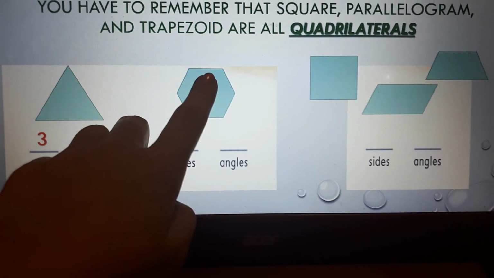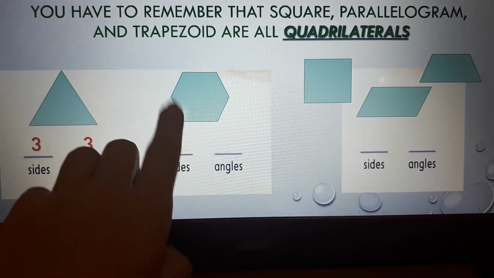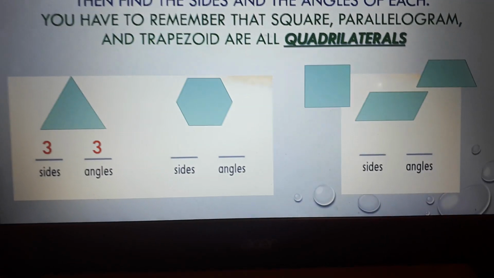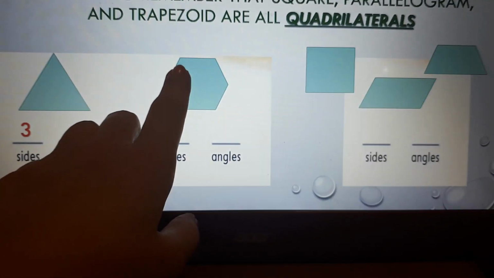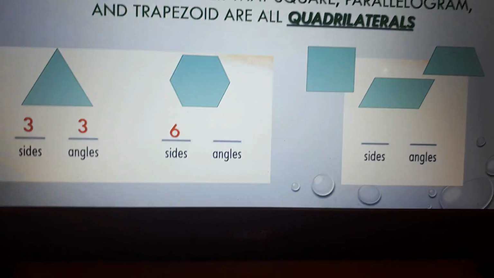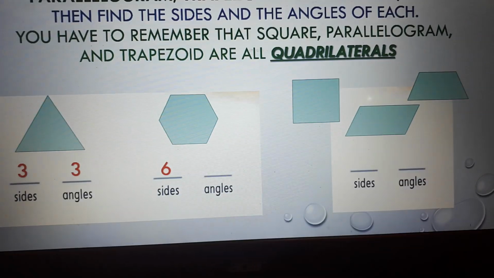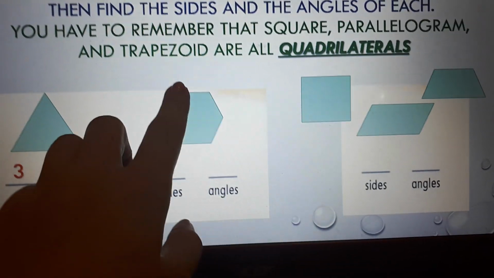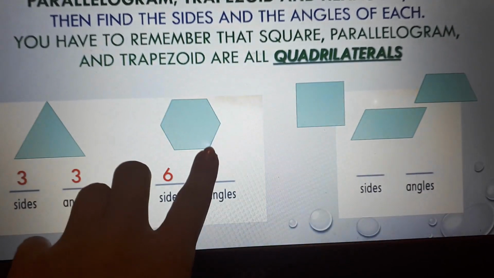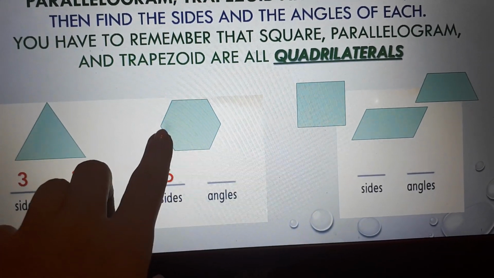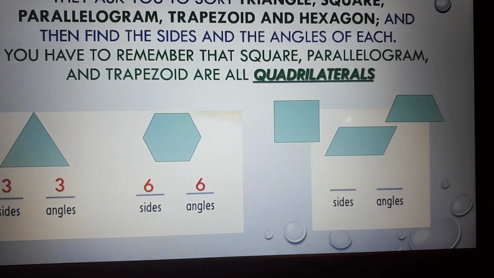Let's count them together. 1, 2, 3, 4, 5, 6. Yes, it is 6 sides. Now let's count the angles. Remember again that an angle is the space between two intersecting lines. 1, 2, 3, 4, 5, 6. It's also 6. Great job.